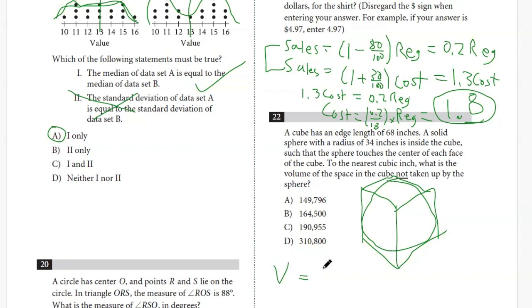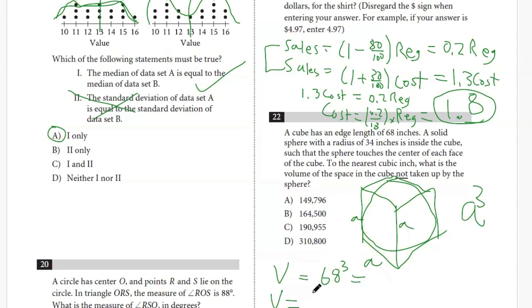So the volume of the cube is 68 cubed. I'll just write it down here. If this is A, just simply do this. So that's how I got the 68 cubed.